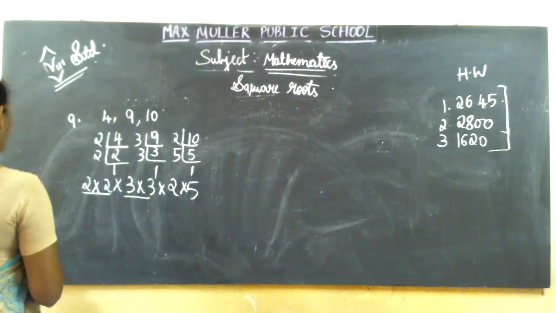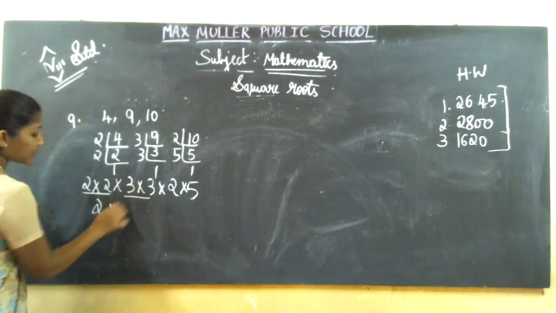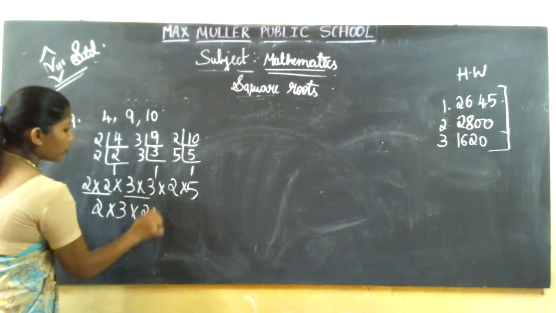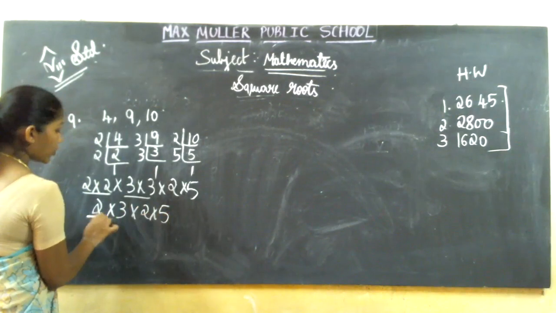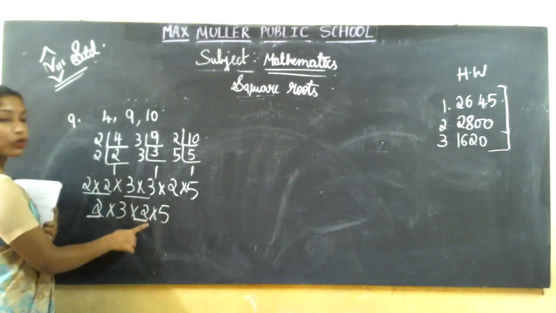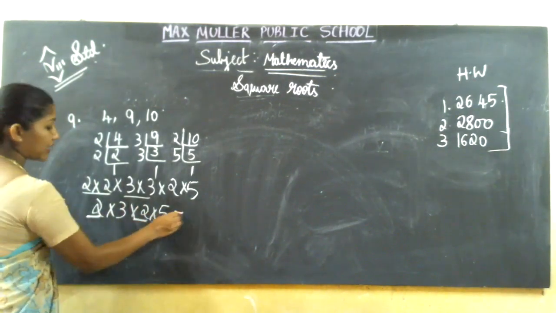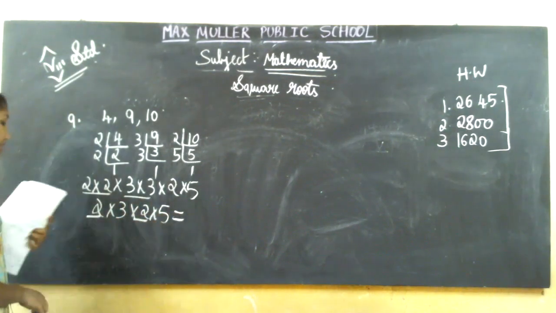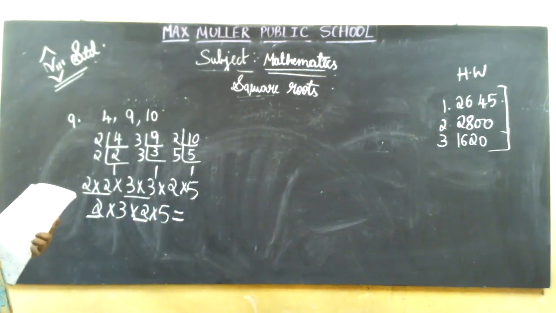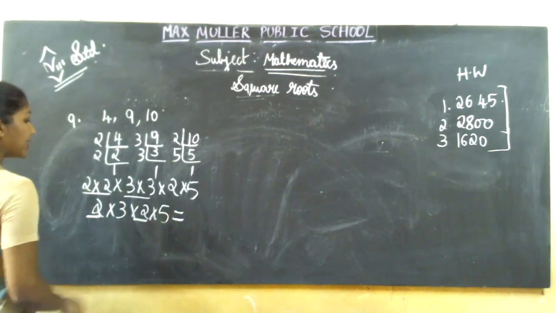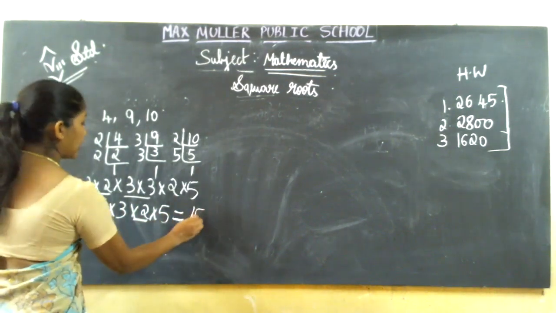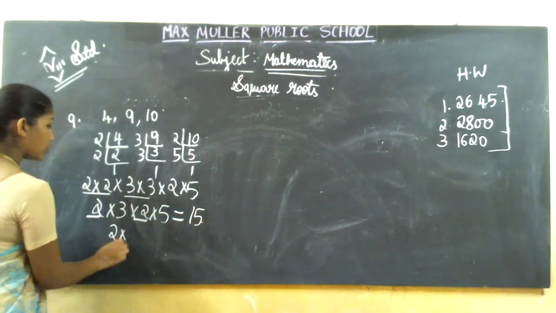So what you have to do here? 2 cross 3 into 2 cross 5, if you make, you will be having a pair for 2 but not for 3 and 5. So if you multiply 3 and 5, you will be getting 3 5s are 15.